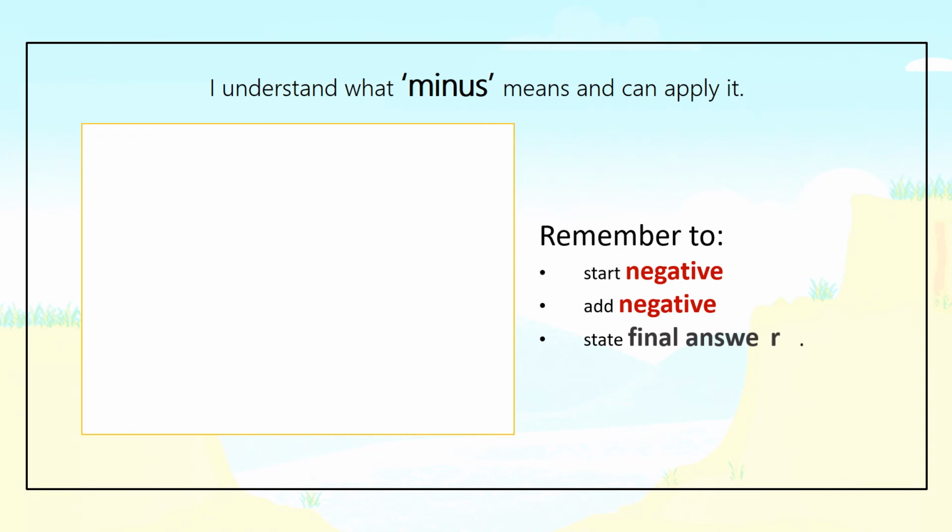We're taking each individual element or type of problem that pupils could be asked to do, and we're doing an intensive period of work on that. In this case, we've started negative and then we've added negative, whereas in the previous section, we started positive and then added negative.